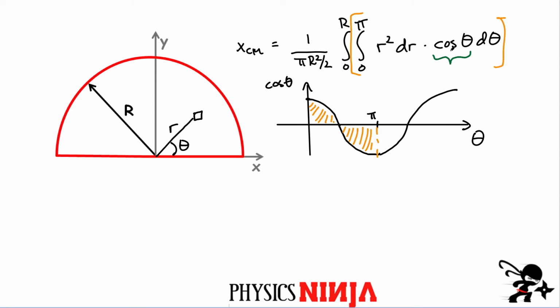Now either you can actually do the integral if you know that, but just by looking at the sketch, you can automatically see that the integral from 0 to pi of cos theta d theta has to be equal to 0. Okay, and that one was pretty straightforward. So the x position of the center of mass has to be 0, and that's clearly evident because of the symmetry of this problem. So all we have to do now is find where is the y position of the center of mass. Right? It has to be on the x equals 0 position.